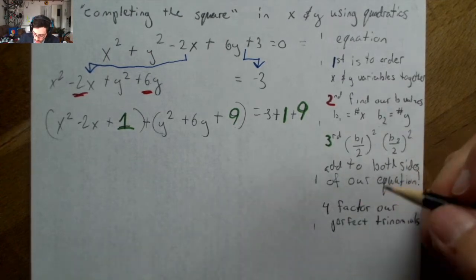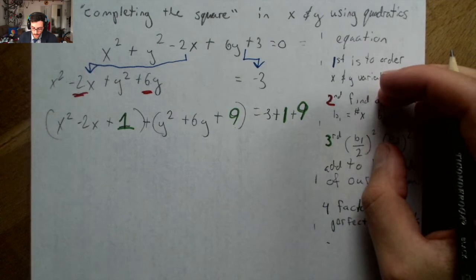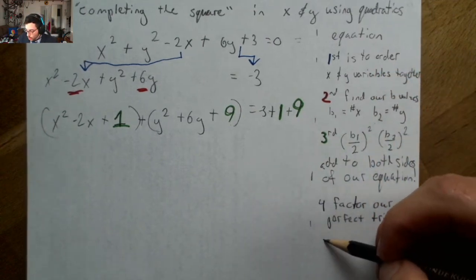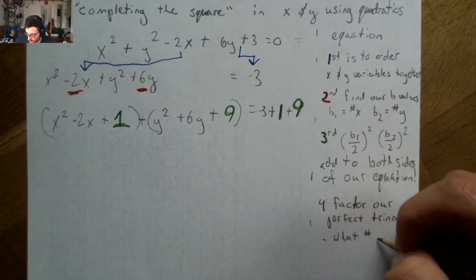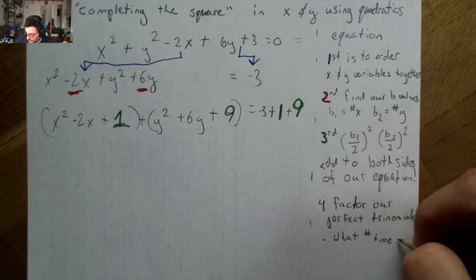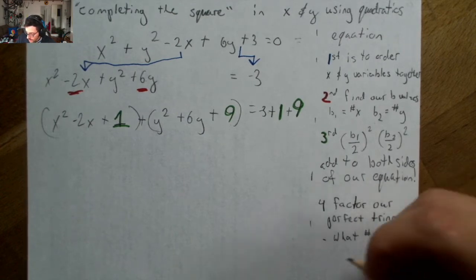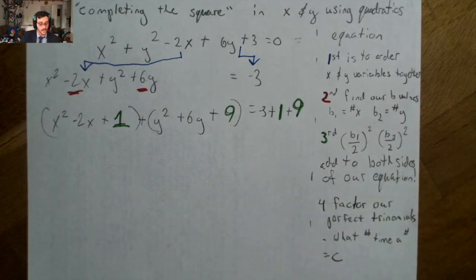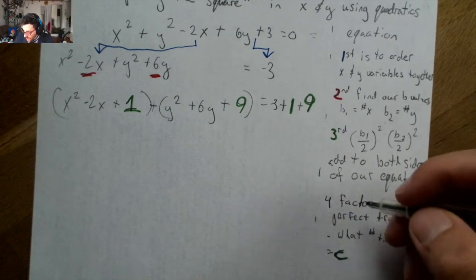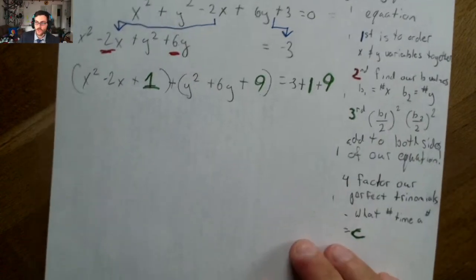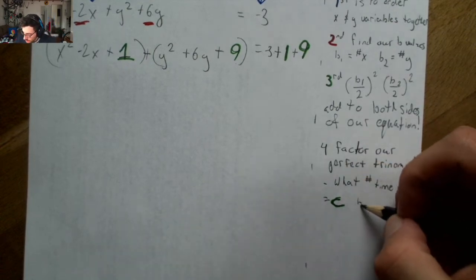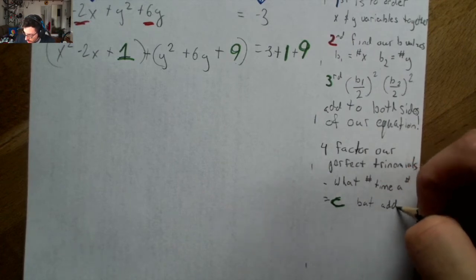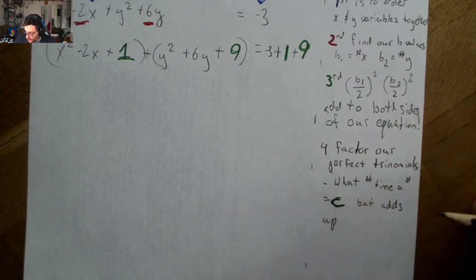And the steps to do this is we have to think about what number times what number equals what we'll call the letter C as it's normally expressed. C is going to be those integers, we add it. So what number times what number equals C, but in addition, adds up to our B value.